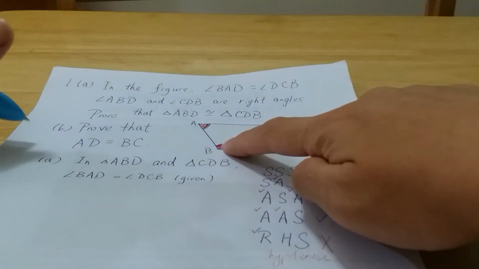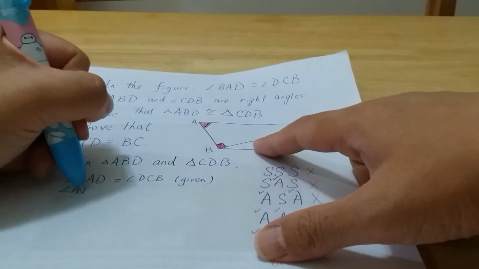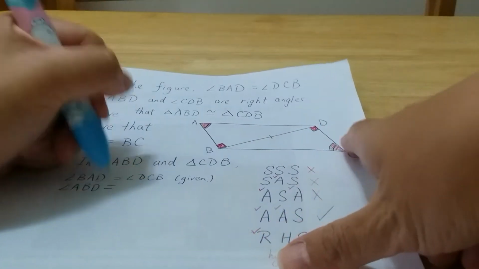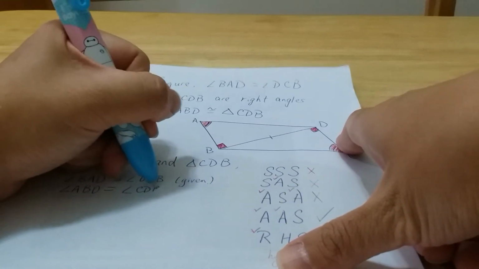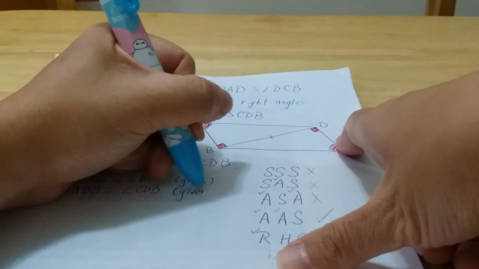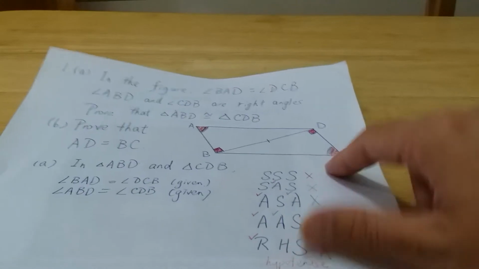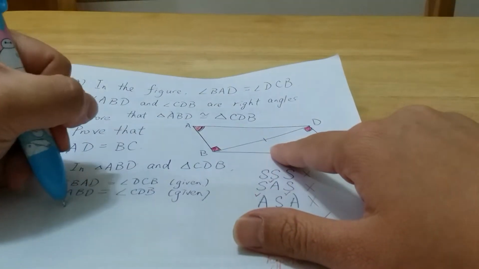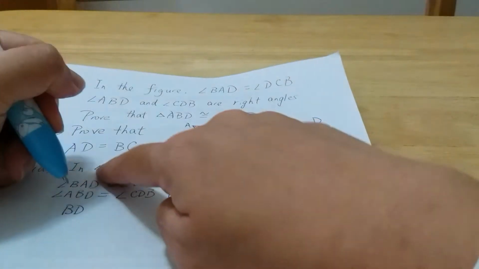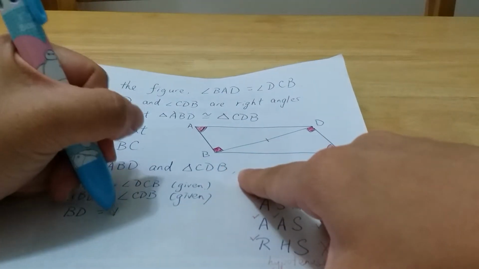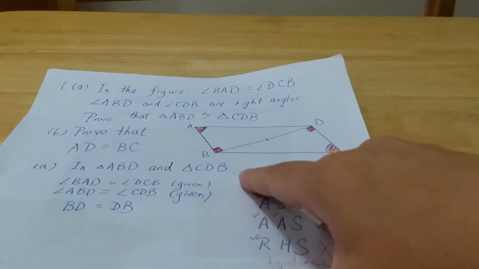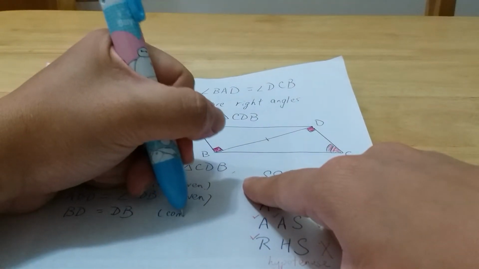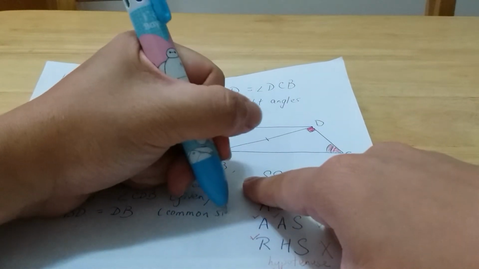Second one, the right angle, angle ABD equals angle CDB, given. The third one, we use BD is the common side. So BD equals DB. We change it because this is the common side.